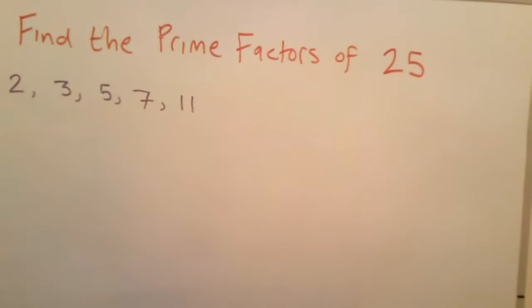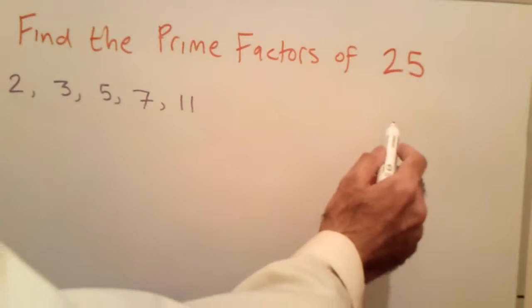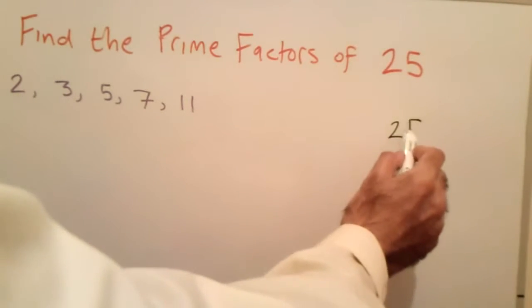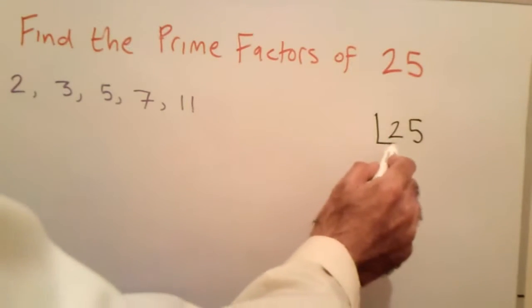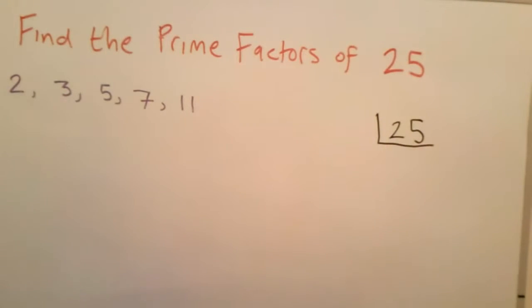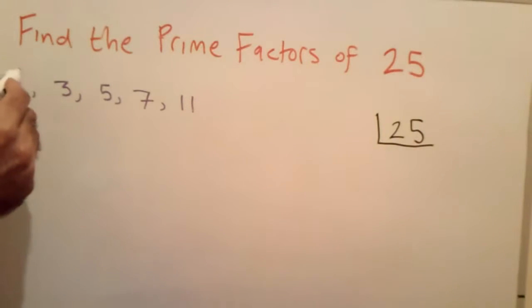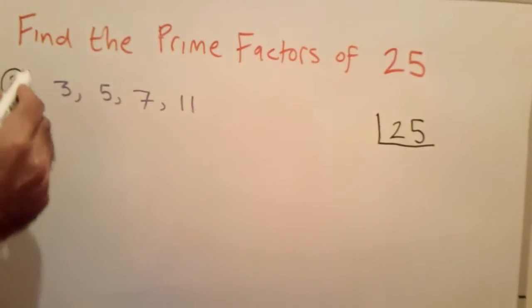Let's do one more quick example of finding prime factors, this time of 25. So again, we just write down 25 and draw a little box. We start off with the smallest prime number, which is 2.